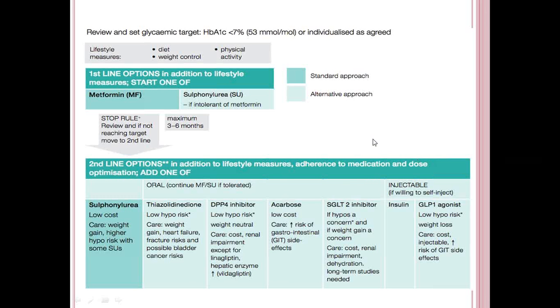So why would you add another medication if the patient isn't understanding, in the health literacy sense, the need for adherence to that sort of advice? Things like occult infections or other comorbidities are very important to re-evaluate. If they are re-evaluated, the stop rule applies, and you move forward, certainly within 3 months or within 6 months as a maximum.